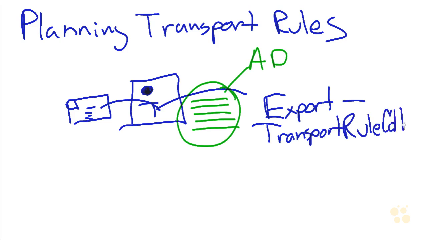I can't get the whole word on here. I'll show it to you so that you can see how, but it's Export-TransportRuleCollection, and you can export these out to an XML file, and then if you need them, you can bring them back in. You can import them. This is a great way to do a little backup of your transport rules.